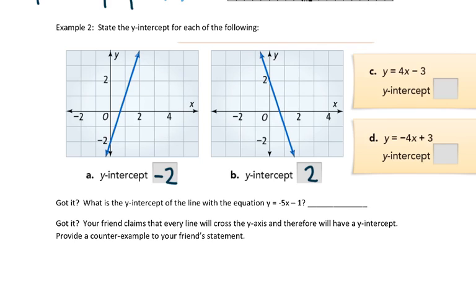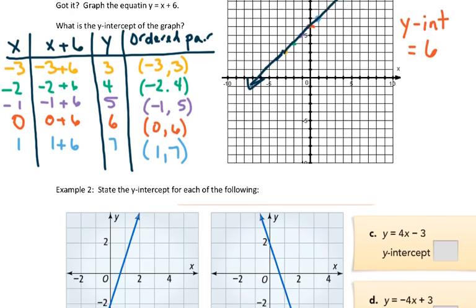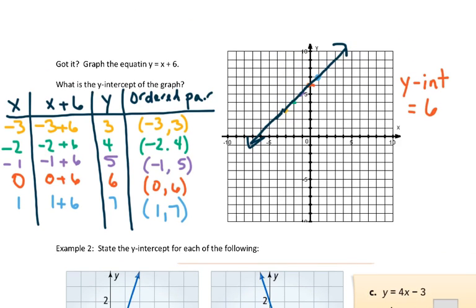Now we're going to go back and look at our previous examples to see if we can identify the y-intercept from an equation. So if we take a look back here, the y-intercept was 6, and look at the equation, y equals x plus 6.